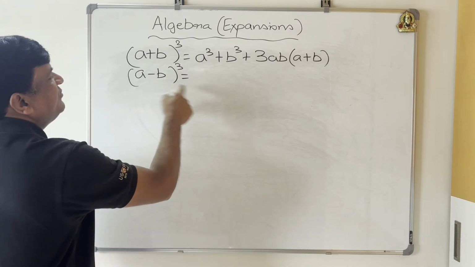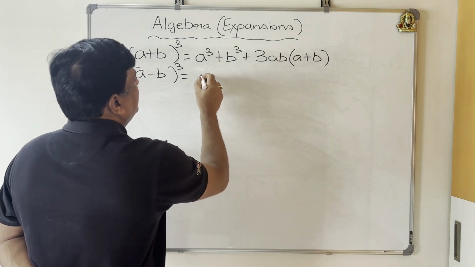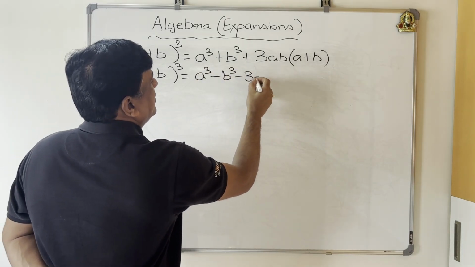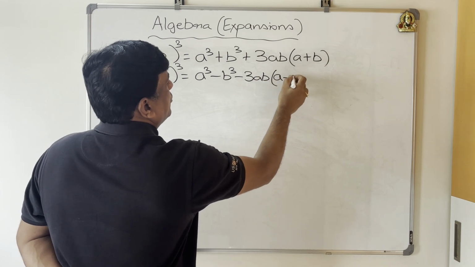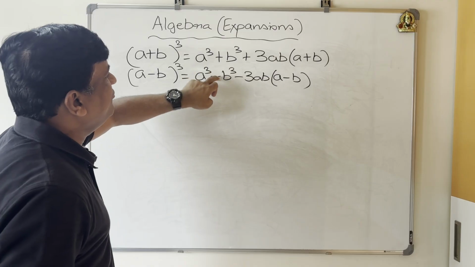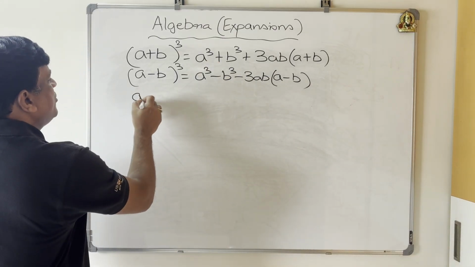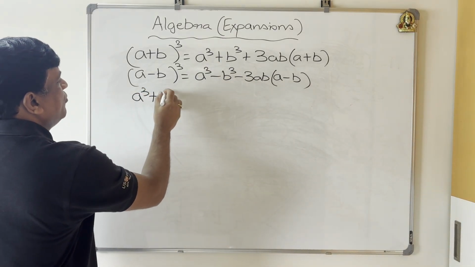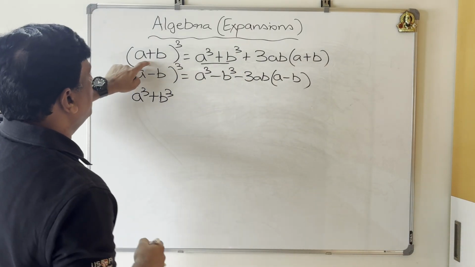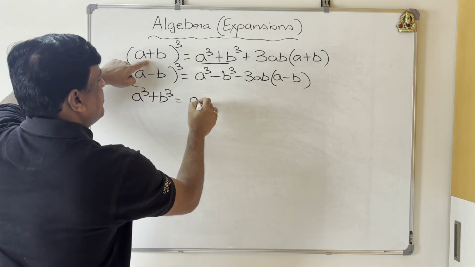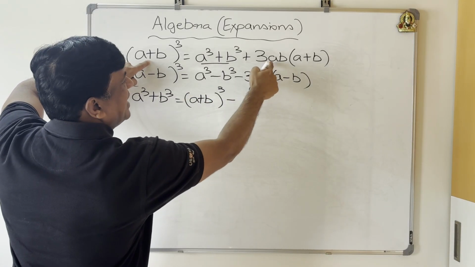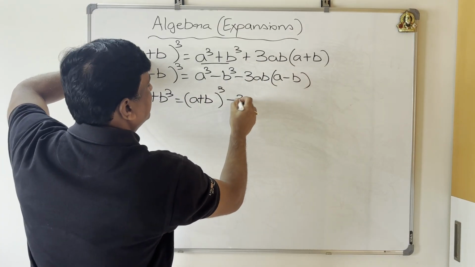The only thing which changes is that you replace everything by minus over here. Good. Then we saw the formula for these two. So a cube plus b cube. If I want only this quantity, I put this one, a plus b whole cube, minus, taking this entire quantity to the other side.